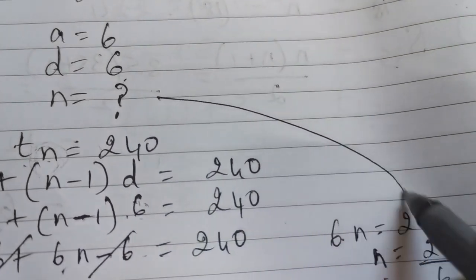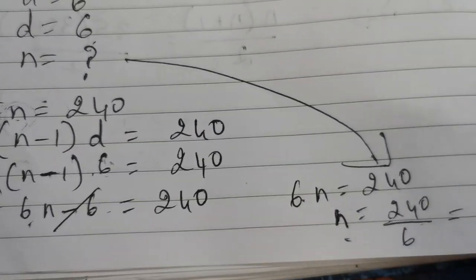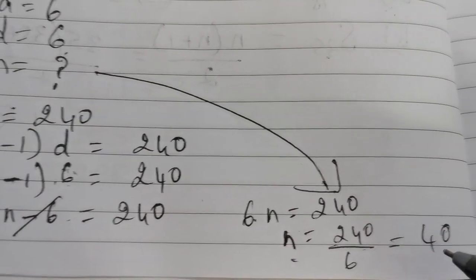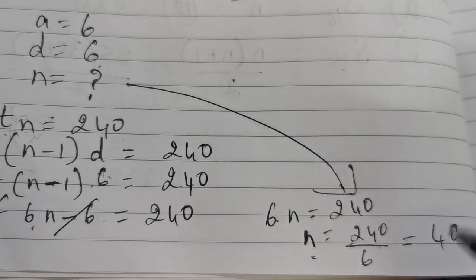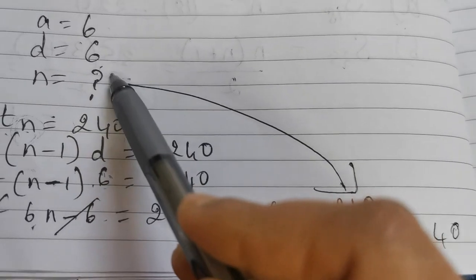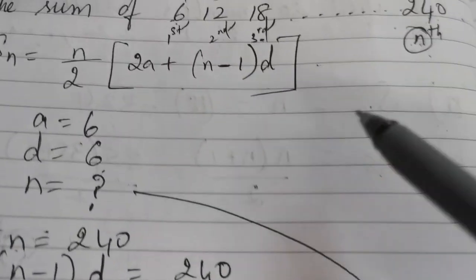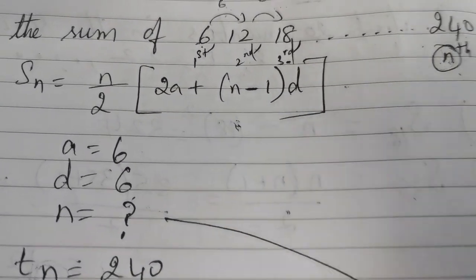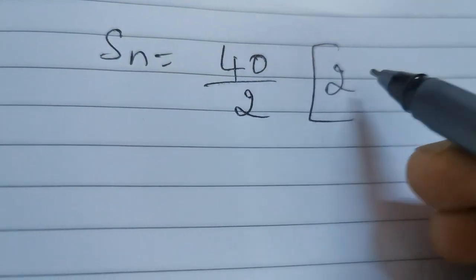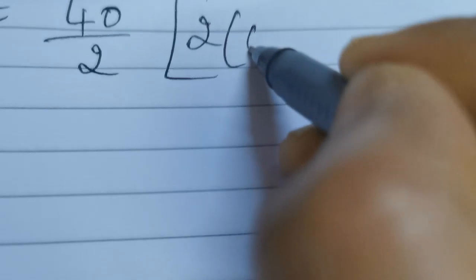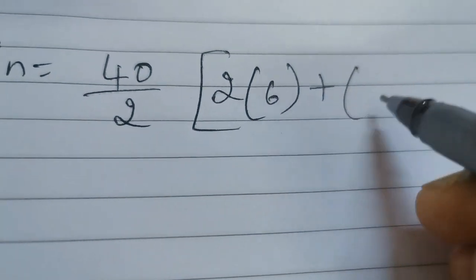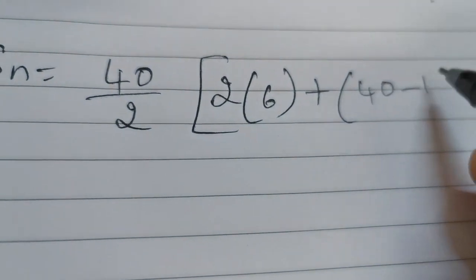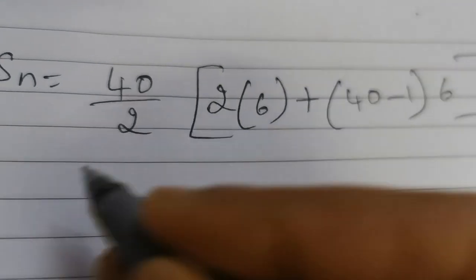Now we got the value of n. It is 40. Alright. So we got A as 6, D as 6 and n as 40. Now it is easy for us to apply this formula. Sn is equal to n by 2, which is 40 by 2, into 2a, where a is 6, plus (n minus 1), n is 40, minus 1, into d. D is also 6.